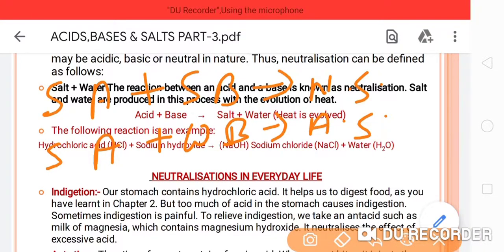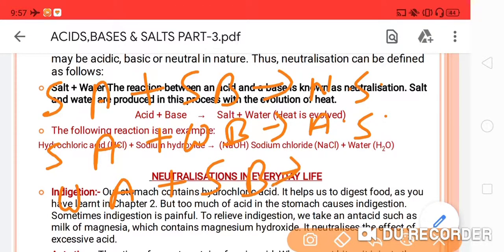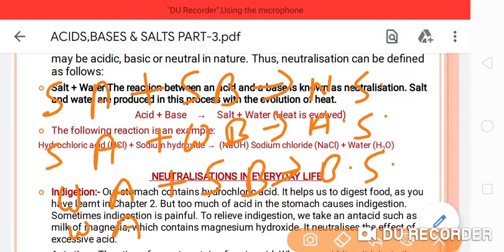And if there is a weak acid and a strong base, at that time this will be a basic salt. And similarly, if there is a weak acid plus a weak base, at that time this will be a neutral salt.